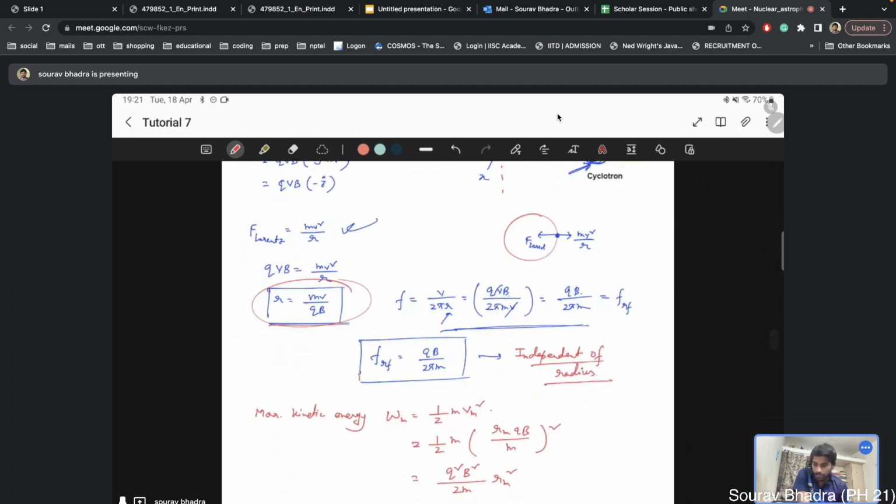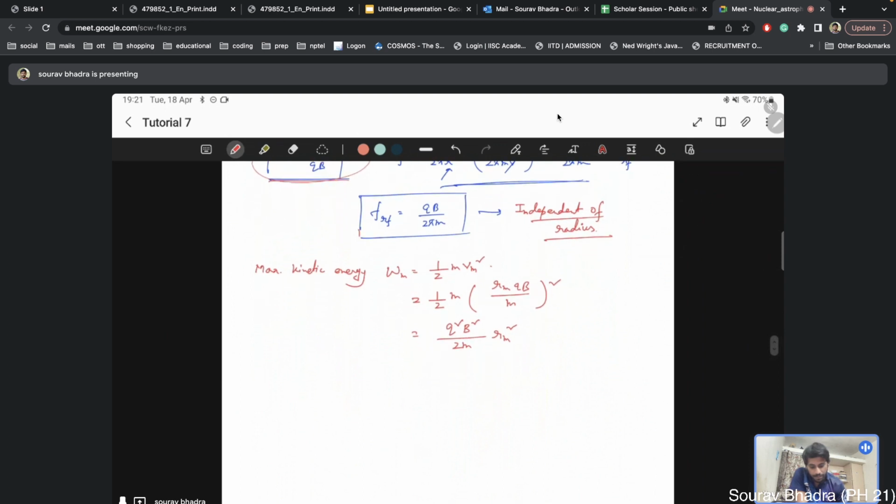Okay. So suppose an example, a deuteron is going through the circular process of acceleration, and the magnetic field is suppose 1.5 Weber per meter square.